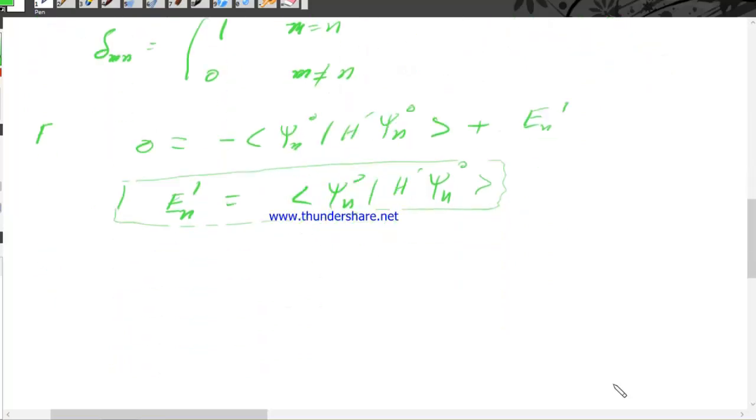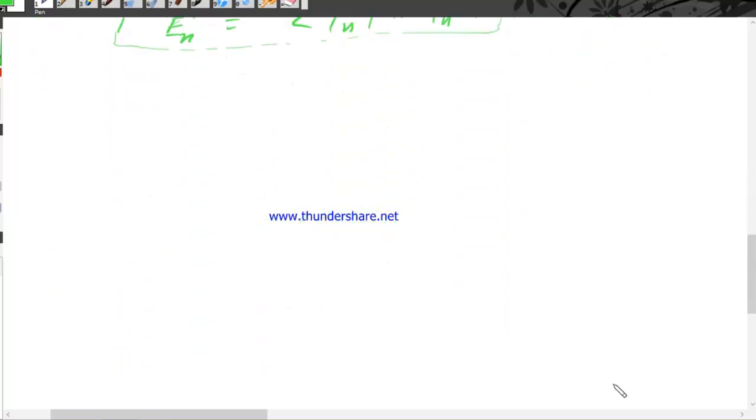Now we take another condition, when l is not equal to n, or l is equal to m.